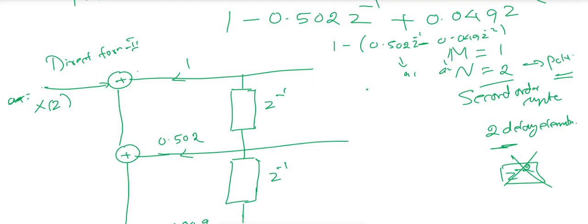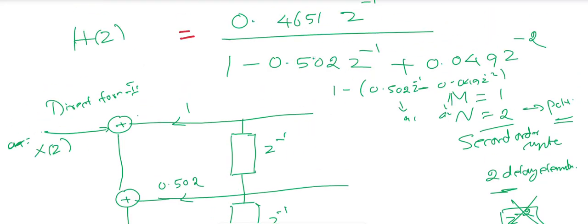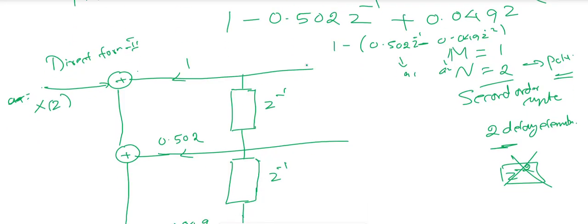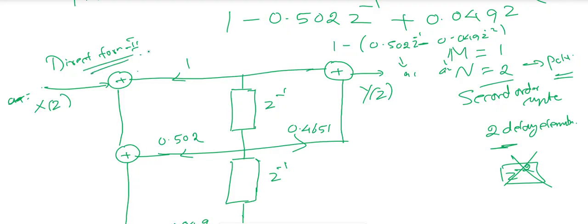Now the zeros from the numerator term: one zero at 0.4651. So this is Y of z. This is a realization of this transfer function in the canonical form, with only two delay elements.